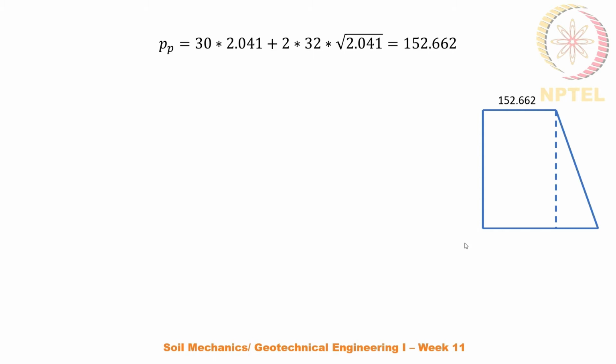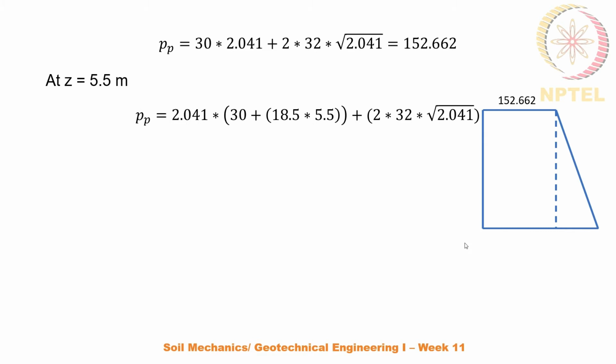Now at Z equal to 5.5 meter, that is at the bottom, we have Pp is equal to 360.33, considering Z value as 5.5 in the equation. So when we represent it in a pictorial way, we have what is seen in the figure.